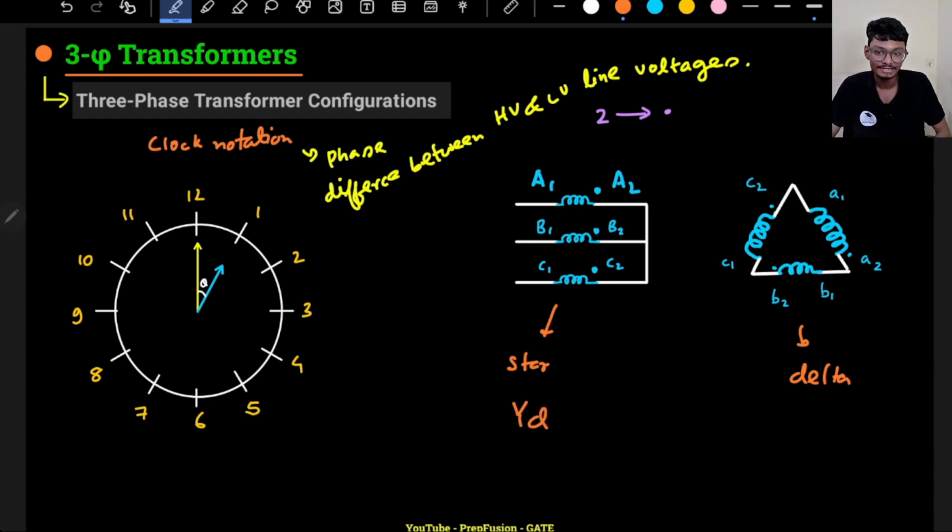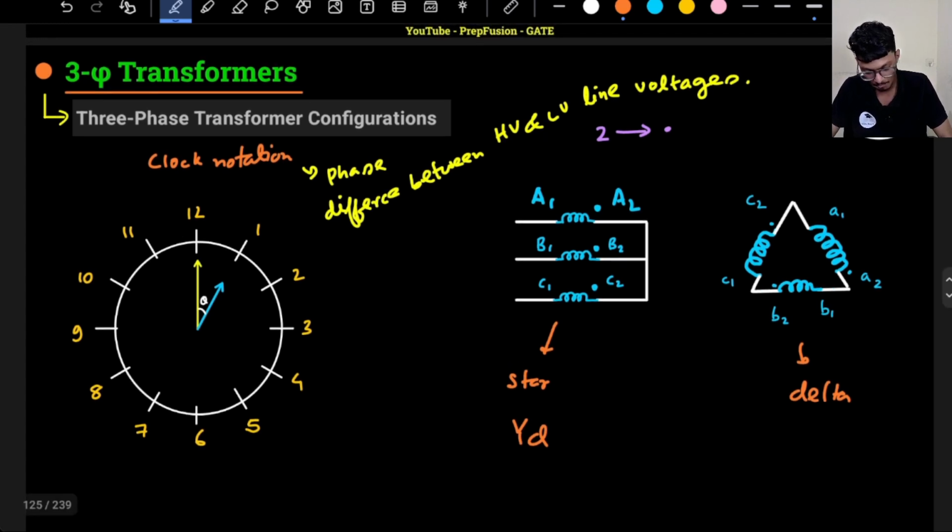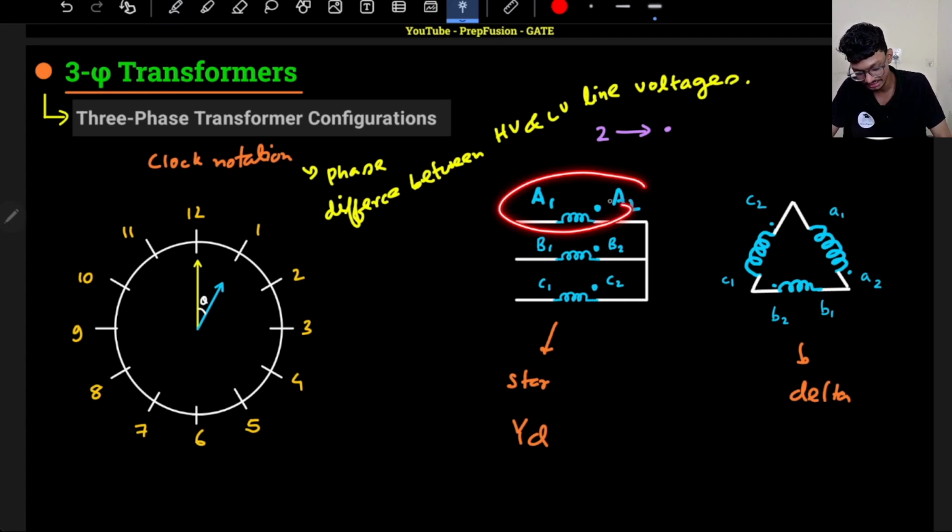Now how do I identify the phase difference? If I assume that the line voltage of this high voltage side is at 0 degree, then what will the phase voltage be? I know for a star connection the line voltage leads the phase voltage by 30 degrees.